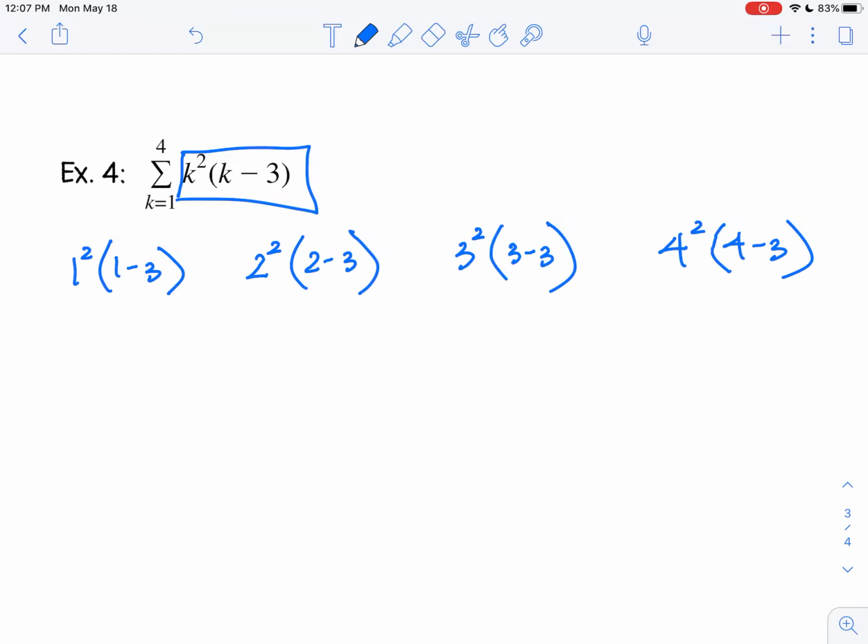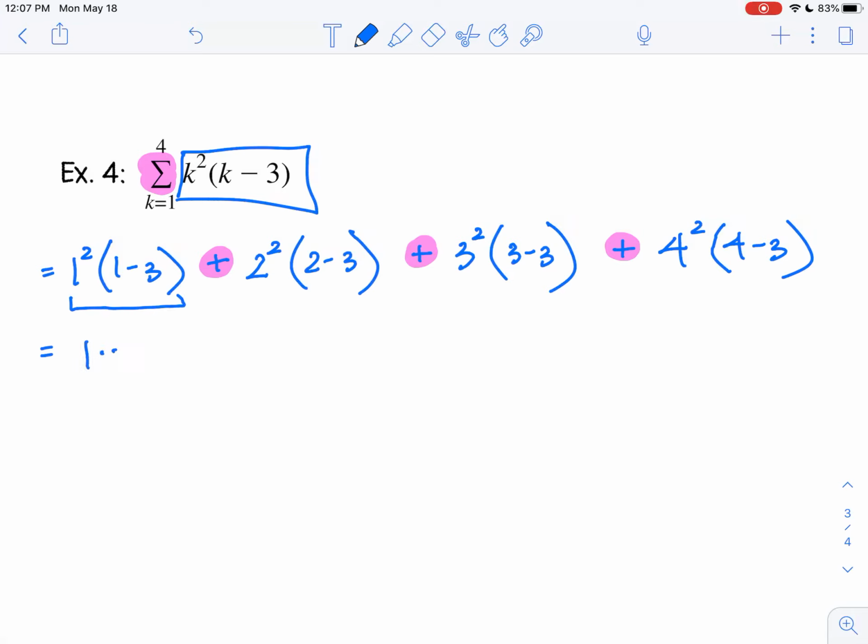Now, why did I write these spaced out so much? Because I want to make sure that I know summation means I add my answers together. So this summation notation is this plus, plus, and plus. So let's just take each term by itself and calculate that out.